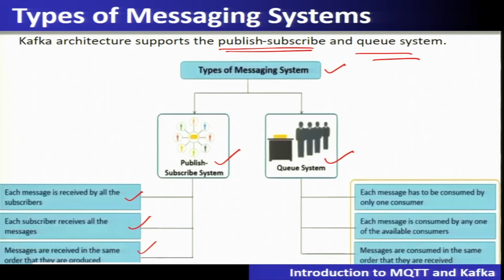Therefore, the publish-subscribe system is implemented with the help of a publisher, coordinated with the help of a broker. It is also a queuing system, where each message is consumed by only one consumer, any one of the available consumers, and so on.